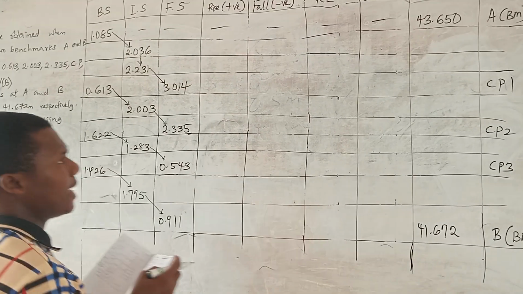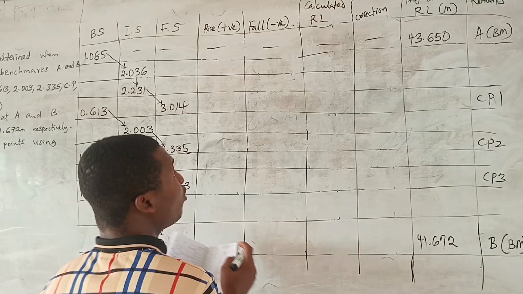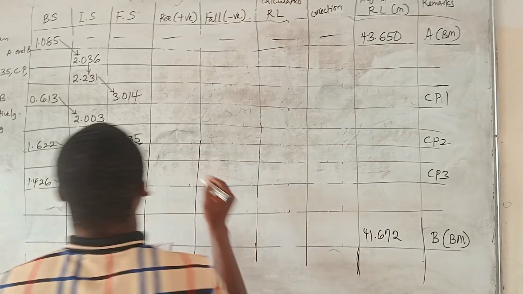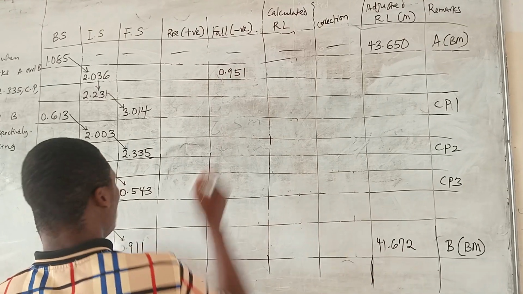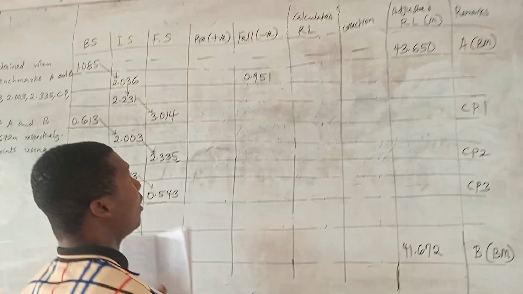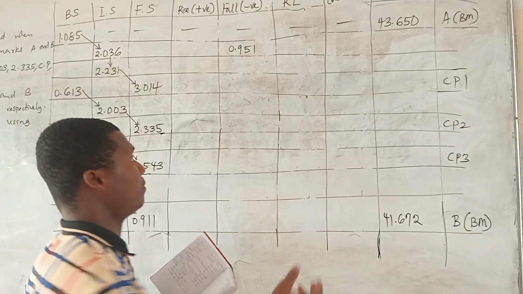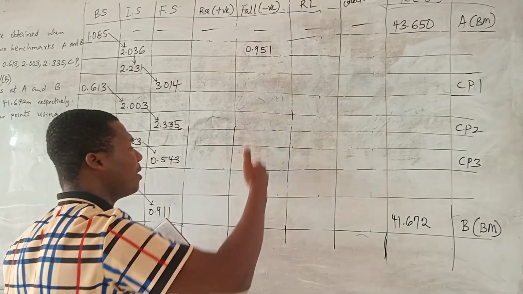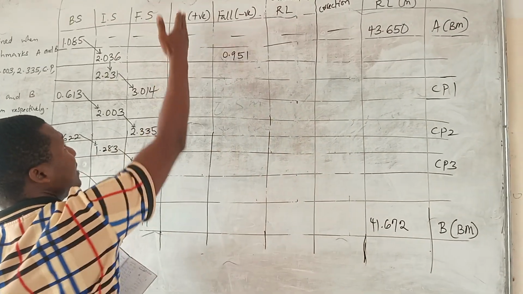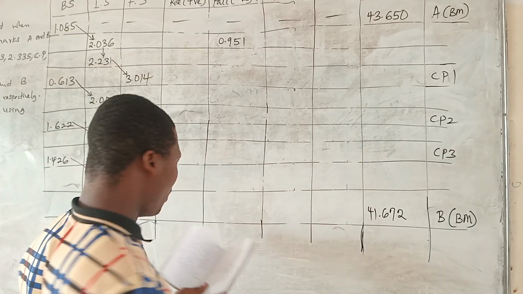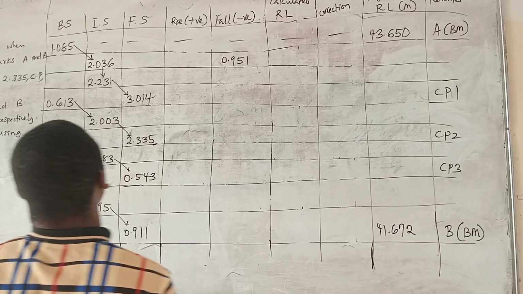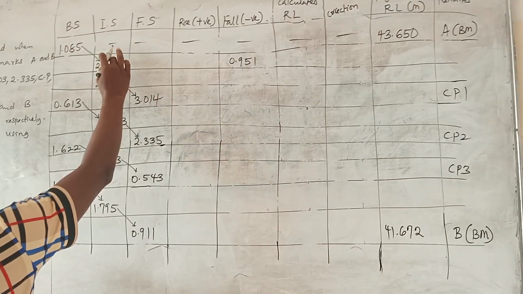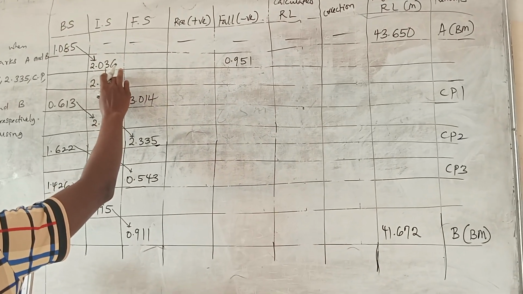The answer here is minus 0.951, and that is under fall. You will take note that I didn't bother to put negative because I already know that anything under fall is negative and anything under rise is positive. Alright, so the next one is 2.036 minus 2.231.